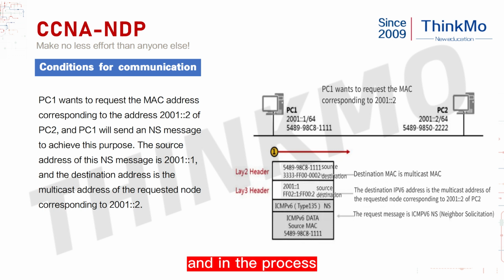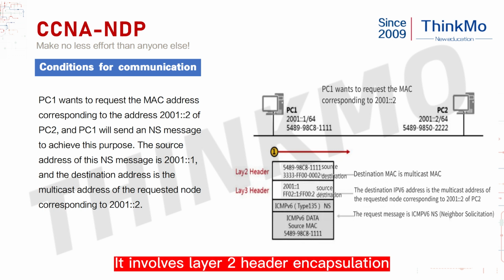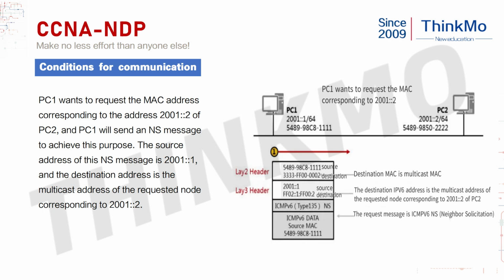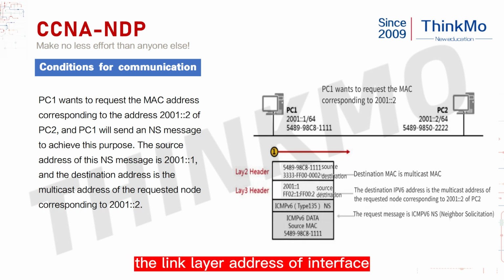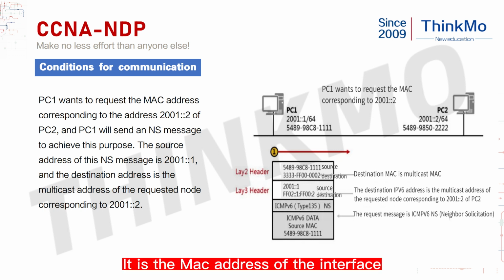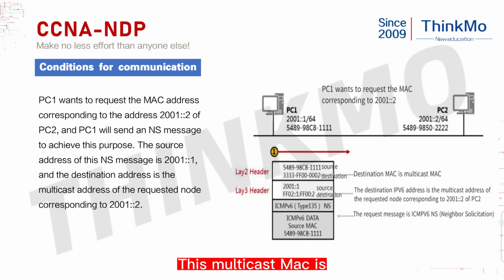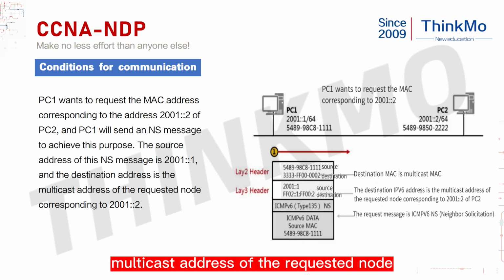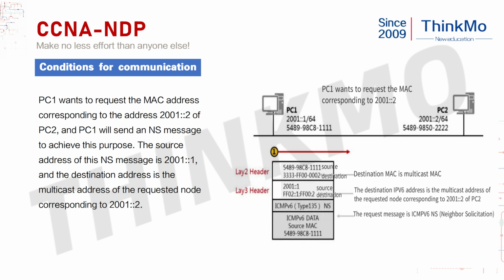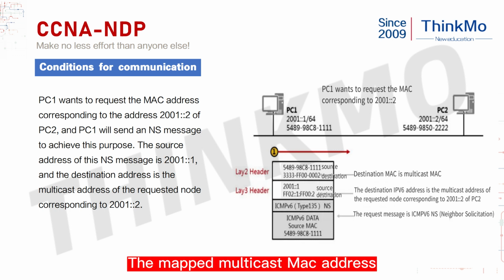And in the process, it involves layer 2 header encapsulation. The source address is the link layer address of the interface. It is the MAC address of the interface. And the destination address is this multicast MAC. This multicast MAC is mapped from the solicited-node multicast address of the requested node, rather than from the global unicast IPv6 address of the other party.